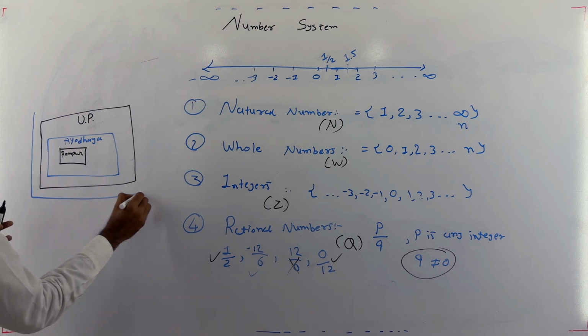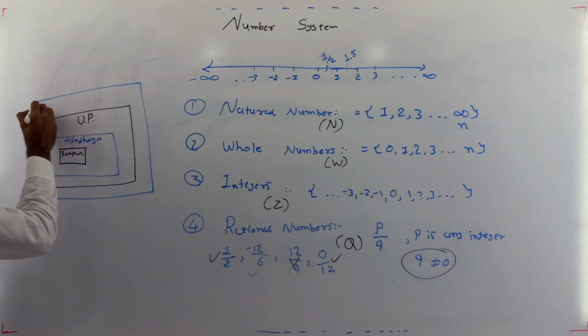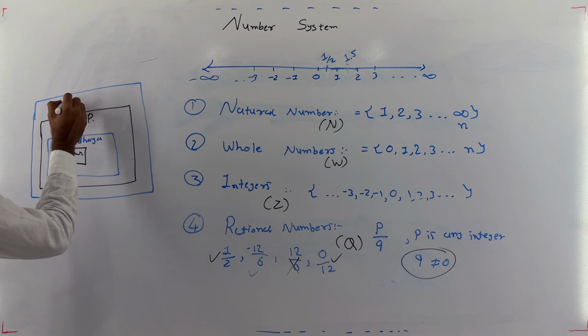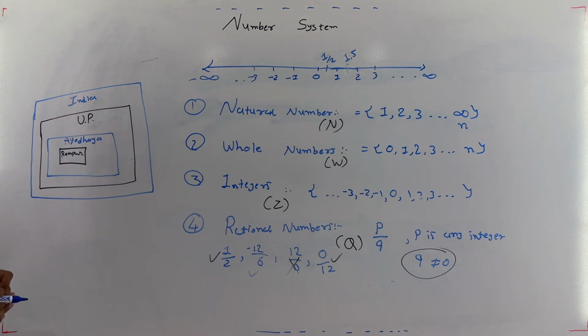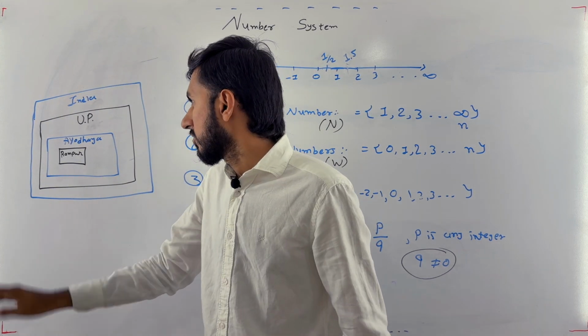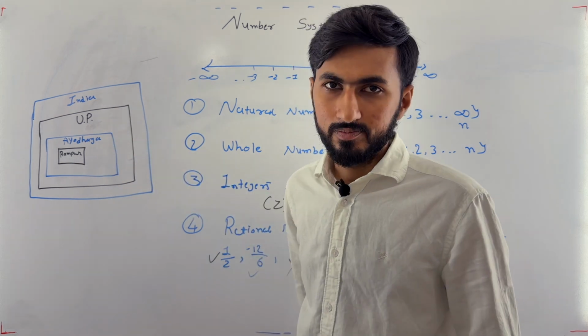Now we have another box that represents the people that are living in this country named India, right? So we call this figure a Venn diagram, right?